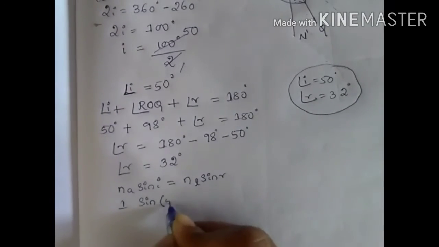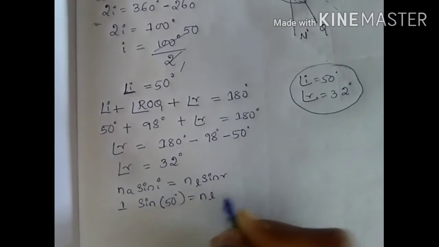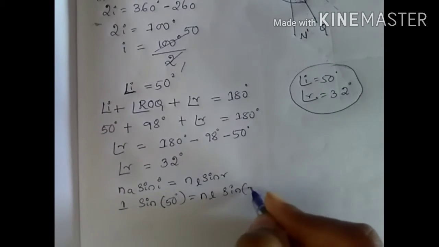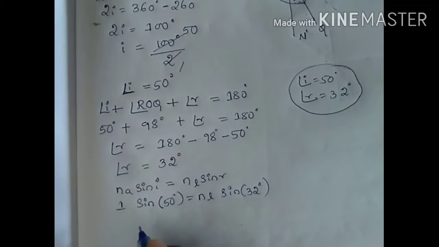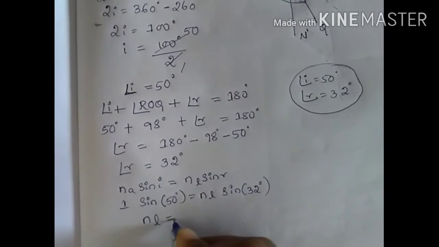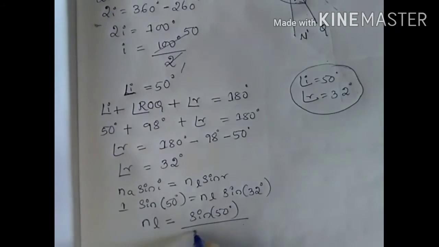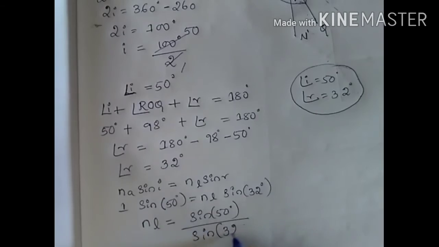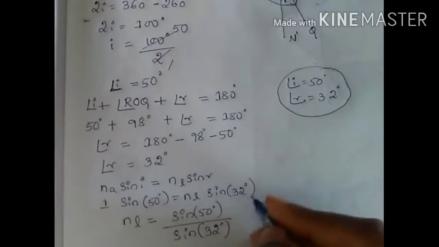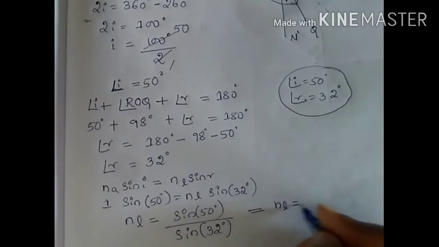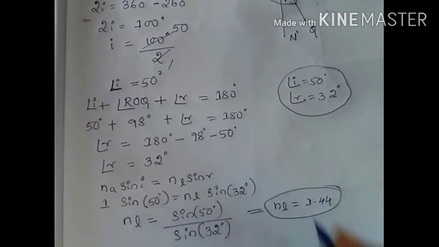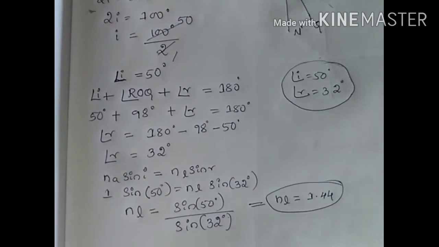Sine of 50 degrees is equal to NL sine of 32 degrees. So NL is equal to sine 50 degrees by sine 32 degrees. NL will come around 1.44. So using Snell's law, we have calculated the refractive index of the liquid.